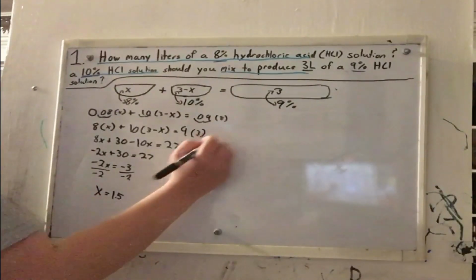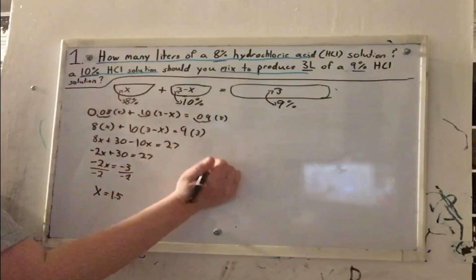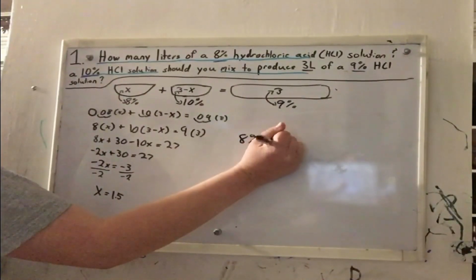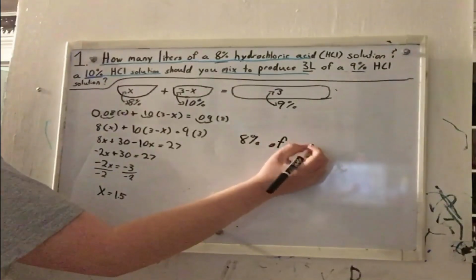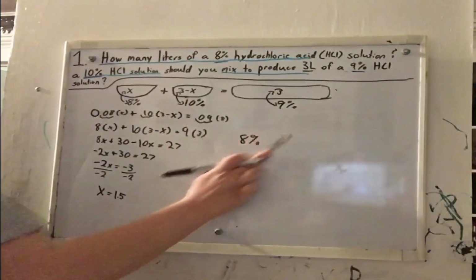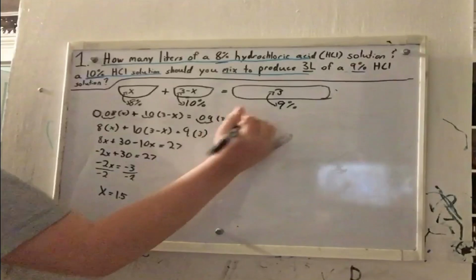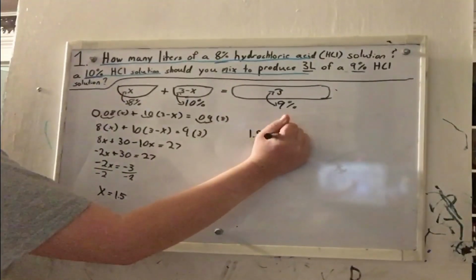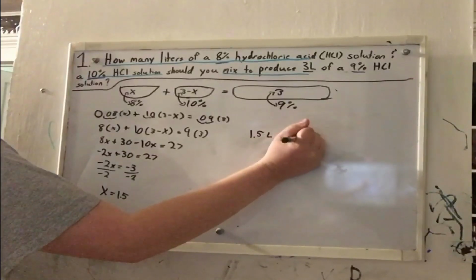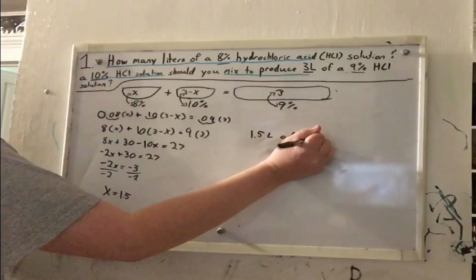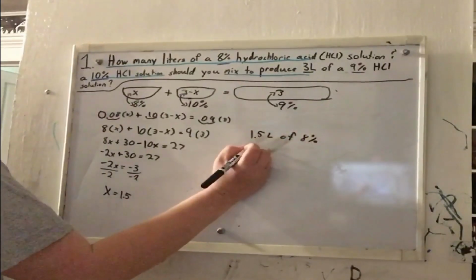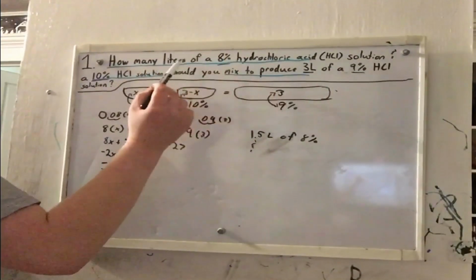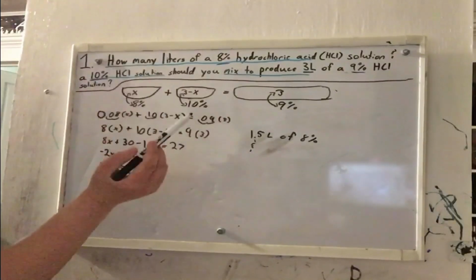And so we've just filled this in. Wait, no, I'm writing this wrong. We need 1.5 liters of 8%, and because we've got to answer both, we need the liters for the 8% and the 10%.